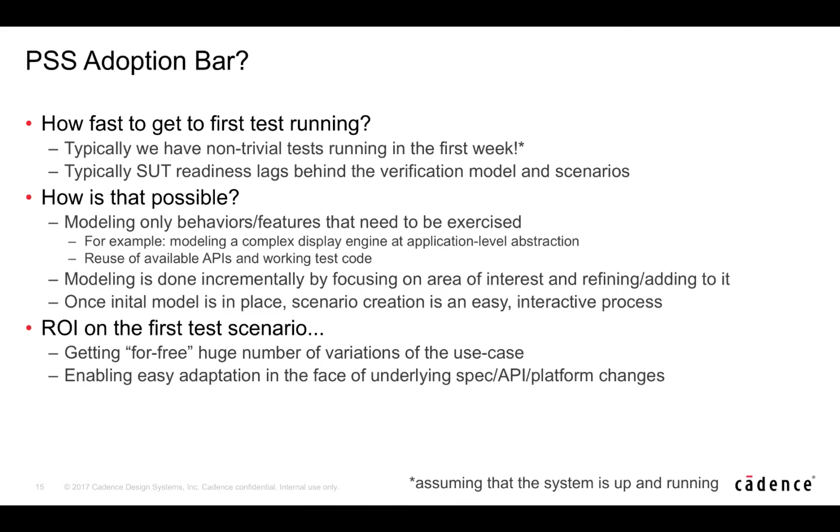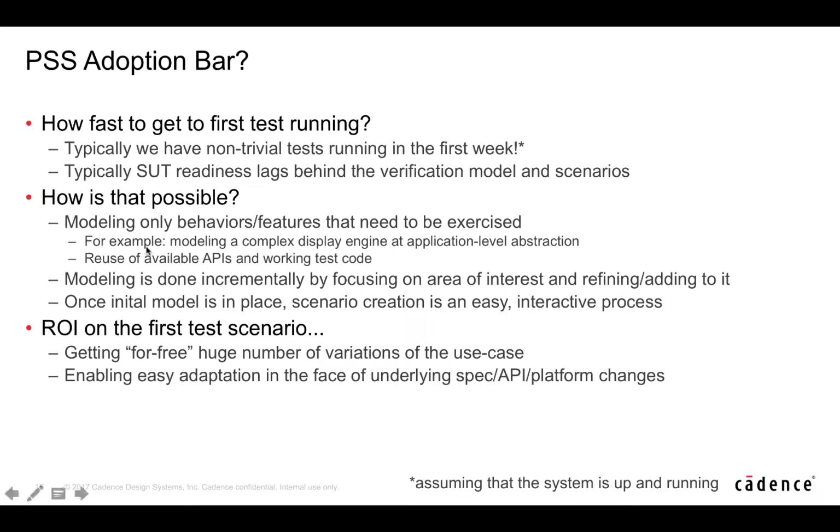So how is that possible given all the modeling effort, right? Modeling is only for behavior and features that need to be exercised. It's very, very abstract. Hopefully you've noticed that. If I'm modeling a complex display engine, I don't model all the features, all the hierarchies, the infrastructure, all of that.